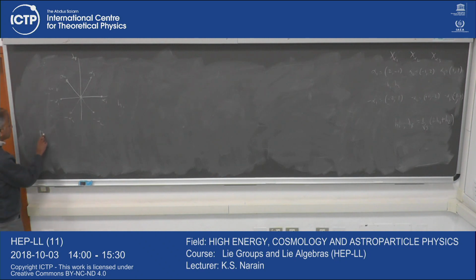So the way you do it, and we will discuss it in much more generality next week when we discuss general Lie algebra, we will give more precise definitions of all these statements. But at the moment, I just want to give you some kind of intuitive understanding of this. So we define positive roots in the following way.